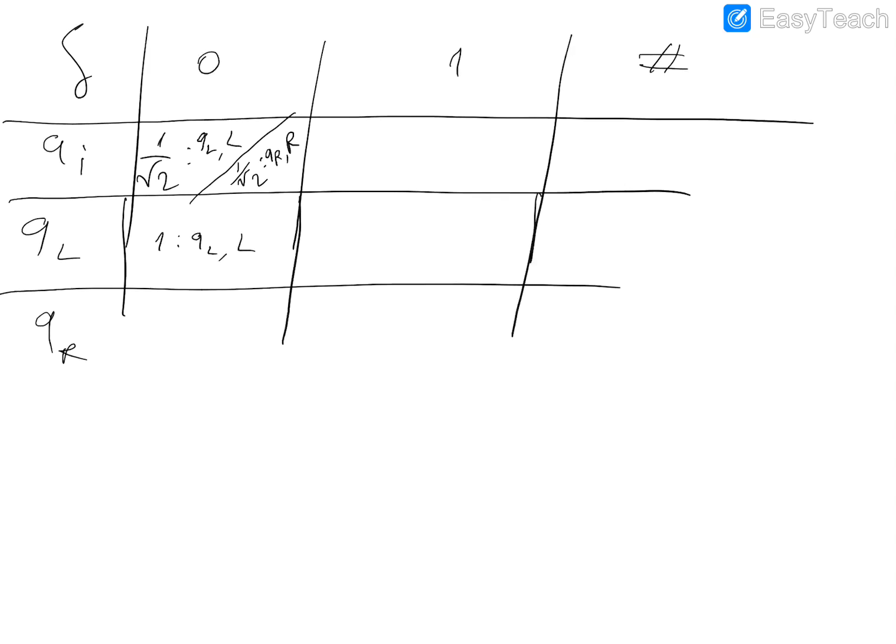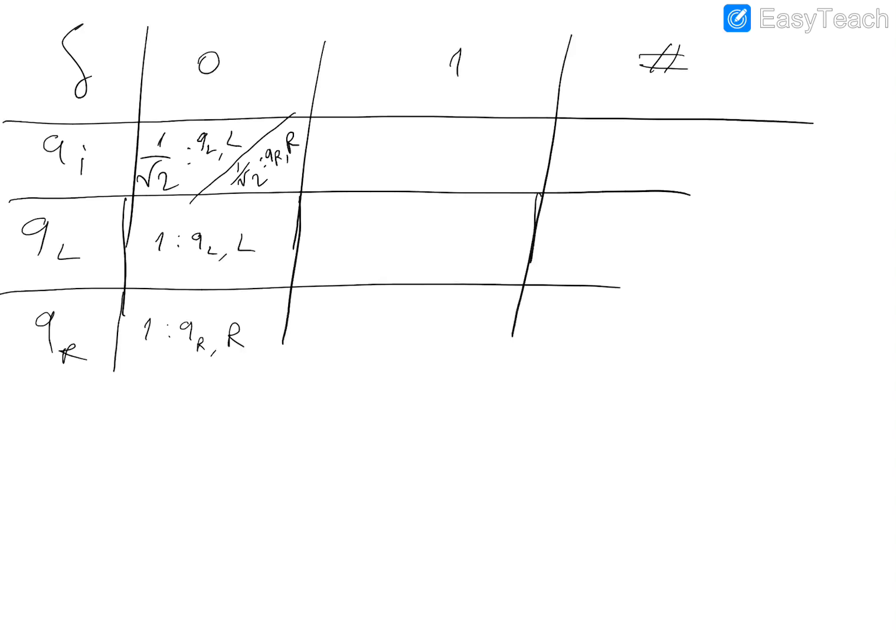And if we are in QR and we are reading the symbol 0, then similarly with amplitude 1, we'll remain in QR, and the tape head will go to the right.